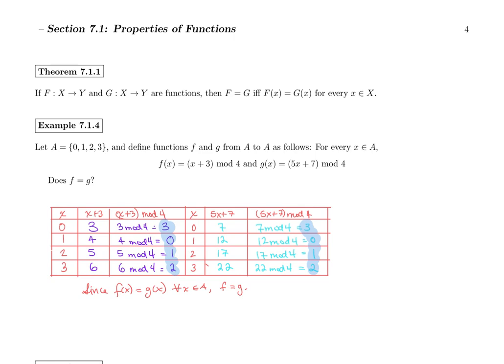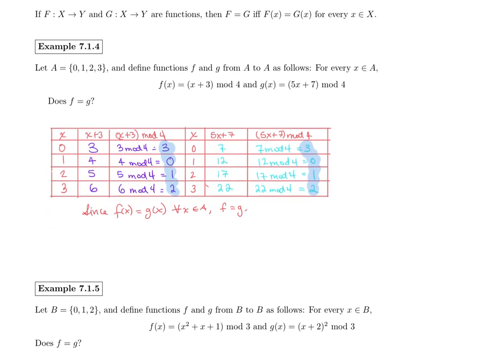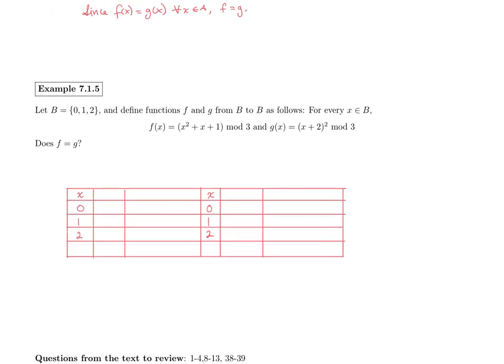Every single line has to be exactly the same. It's very much like our logical equivalencies from chapter 2. So let's see if we have the same luck with example 7.1.5, and if the functions are equal.